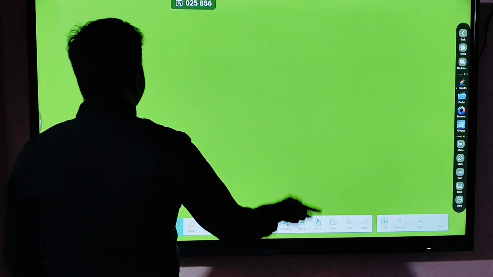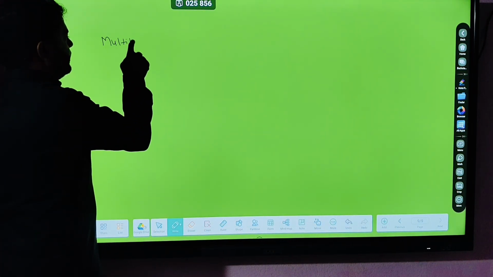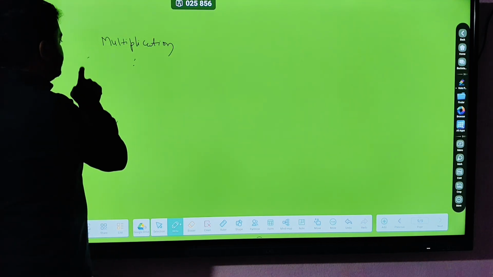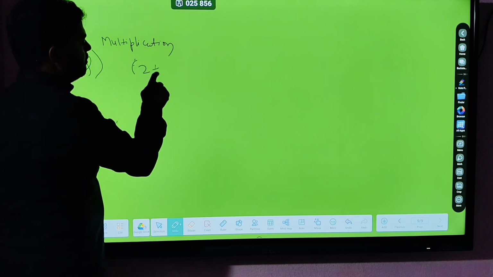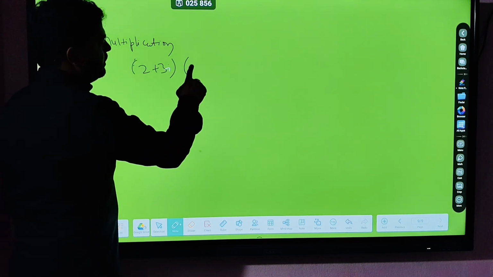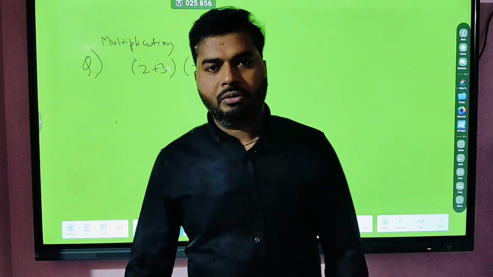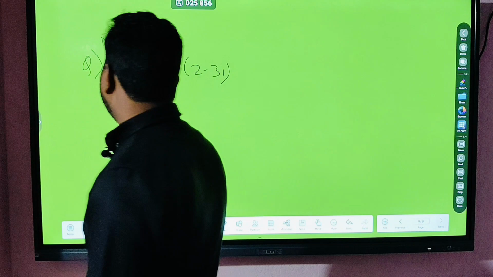Okay, now for multiplication, we can learn multiplication and division, right? So in multiplication you just have to multiply using distributive law. Okay, let's take one example. We have to multiply 2 plus 3 iota into 2 minus 3 iota.